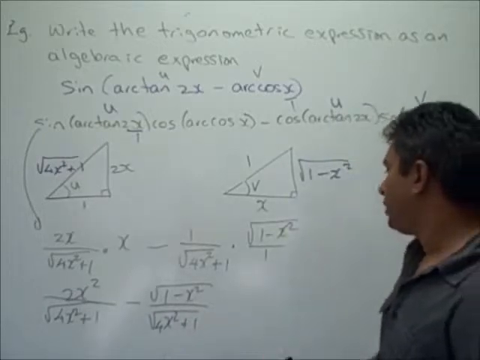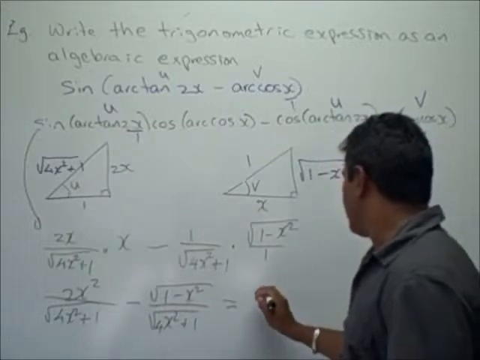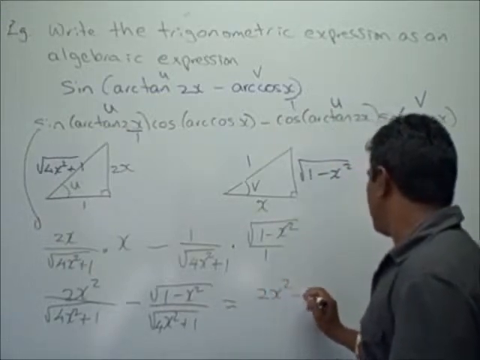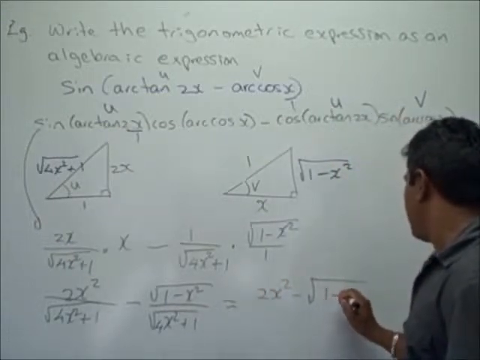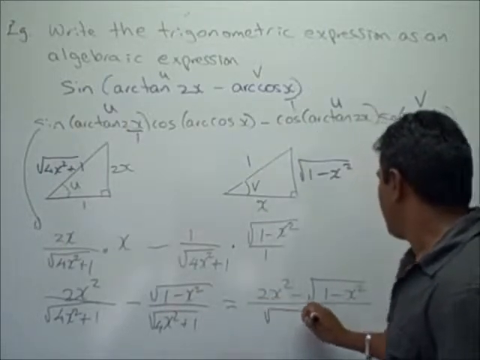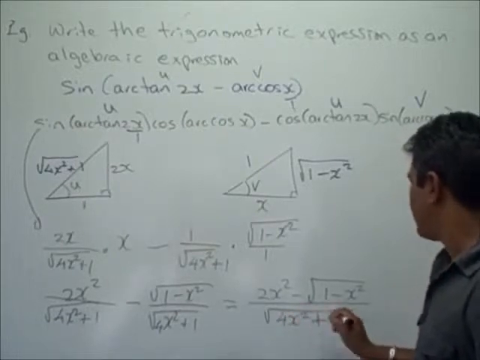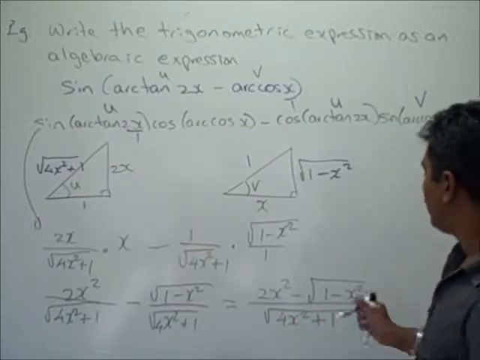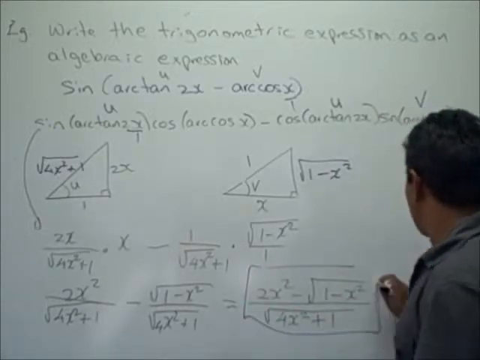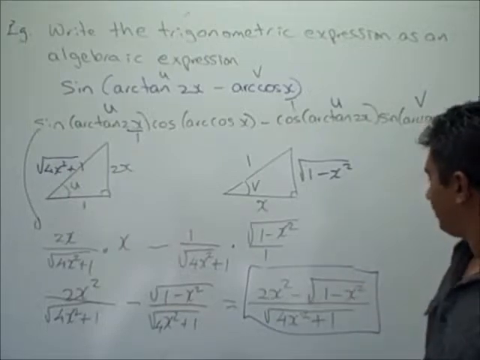Now since our denominators are the same, we can combine these two fractions, which gives us 2x squared minus the square root of 1 minus x squared all over the square root of 4x squared plus 1. So the algebraic expression that is equivalent to this trigonometric expression is this.